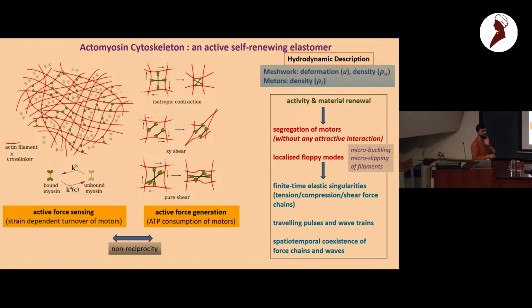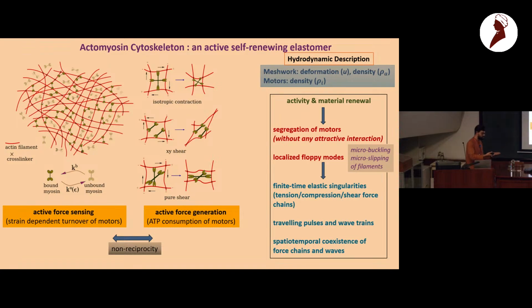The crucial thing is these myosin motors don't have any attractive interaction among them. So this phase segregation is purely coming from the elastic interaction, the background interaction. That is some new kind of phase segregation, and it will also trigger some floppy modes in the material.